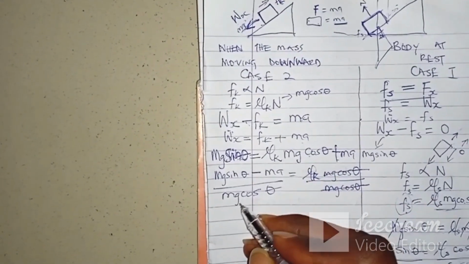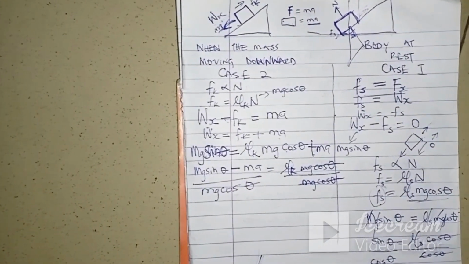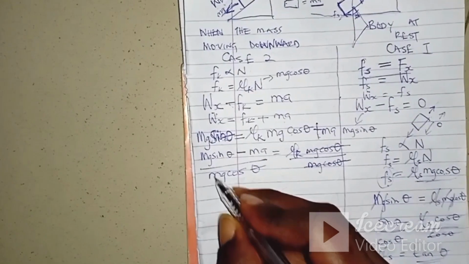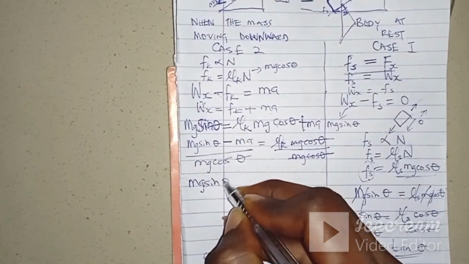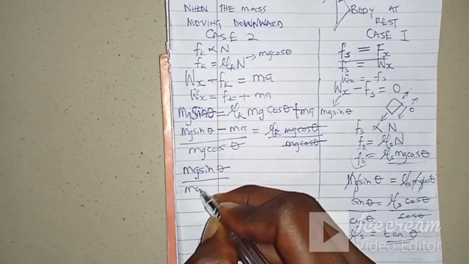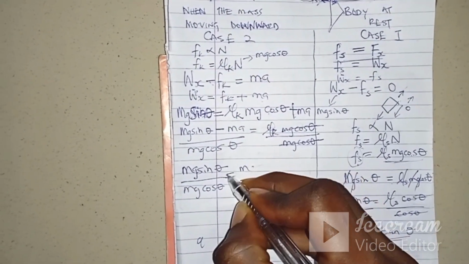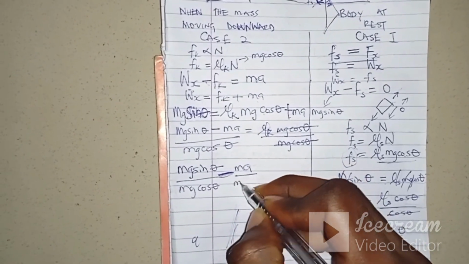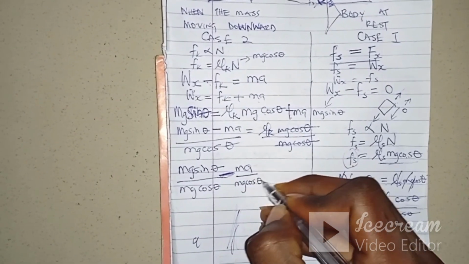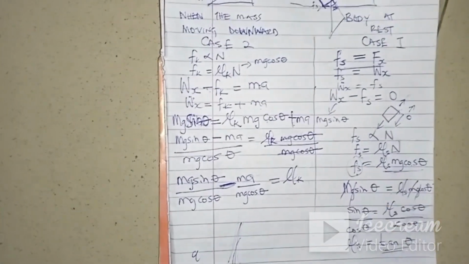This is the same thing as saying mg sine theta over mg cos theta minus ma over mg cos theta is equal to the coefficient of kinetic friction.